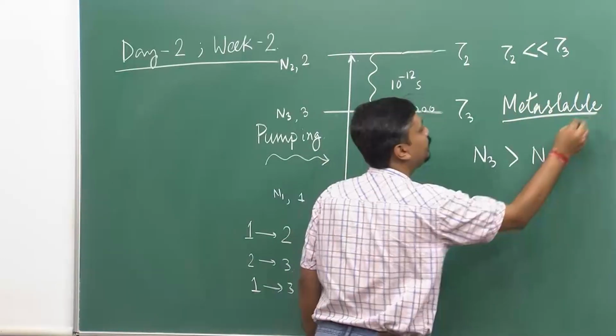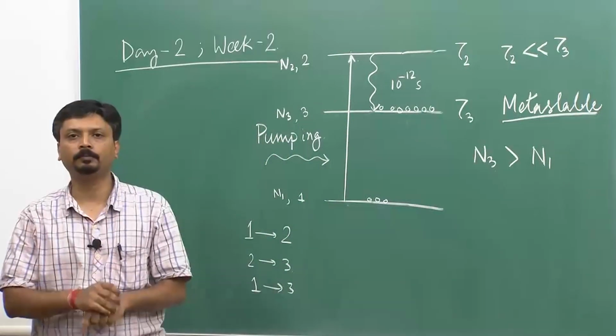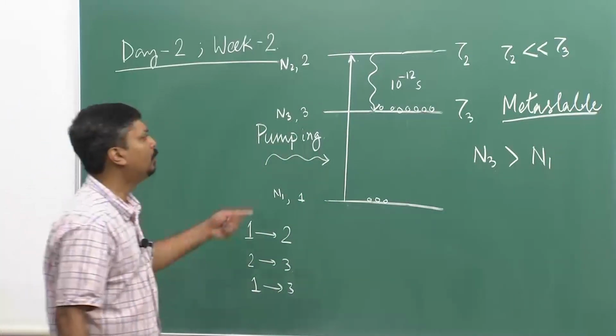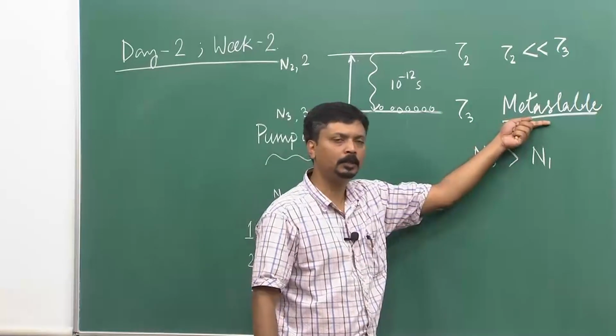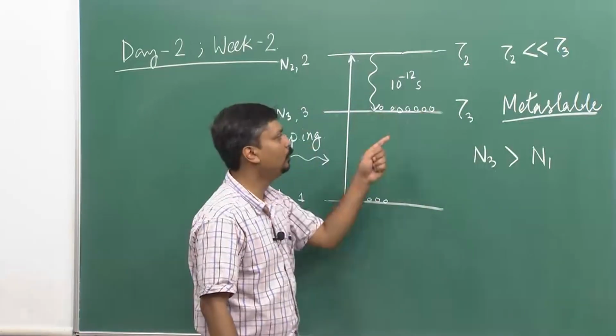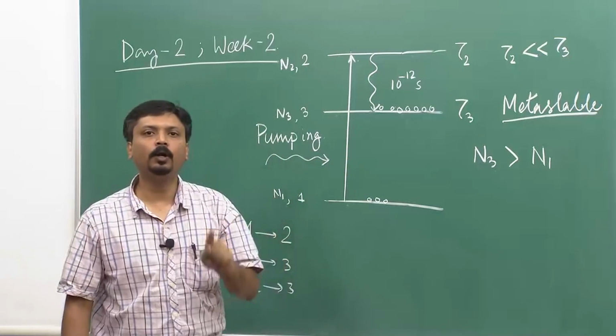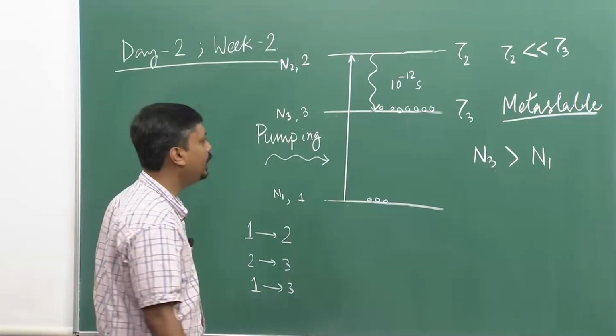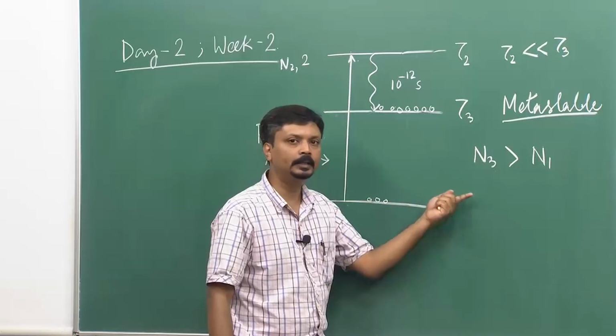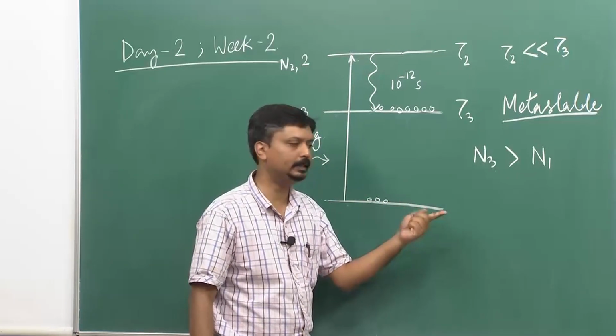It is metastable. It is not stable forever, but its lifetime is much more than this state. So we ultimately achieve so-called population inversion, and therefore this system can work as a laser.